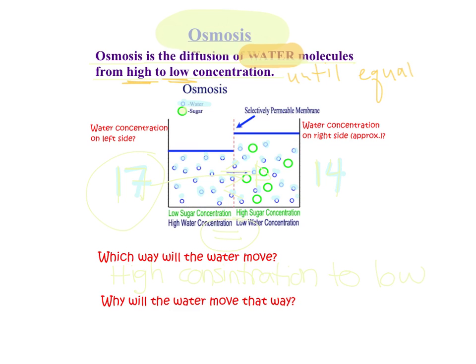So in this case, we have about 31, so we're going to end up with about 15 or 16 on each side. Why is the water going to move this way? The simplest answer is that water wants to move from where there is more to where there is less until it's balanced. It wants to be in this equilibrium.